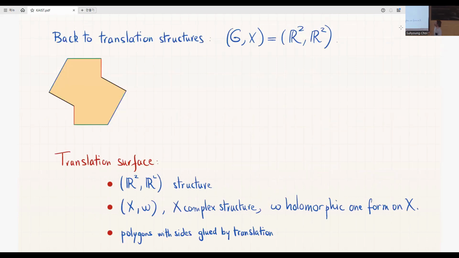And just before answering, I want to tell you a little bit more about translation surfaces. So translation surfaces, recall, I defined as (G,X) structures on a surface, with G the group of translations acting on the plane. But there are many ways of thinking about those objects.